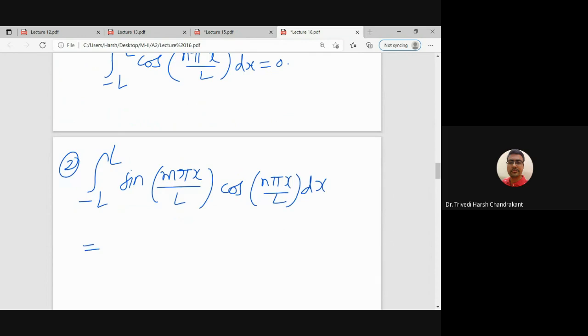This will be essentially half the integral from minus L to L. We are using a trigonometric formula, so the product becomes sine plus sine.